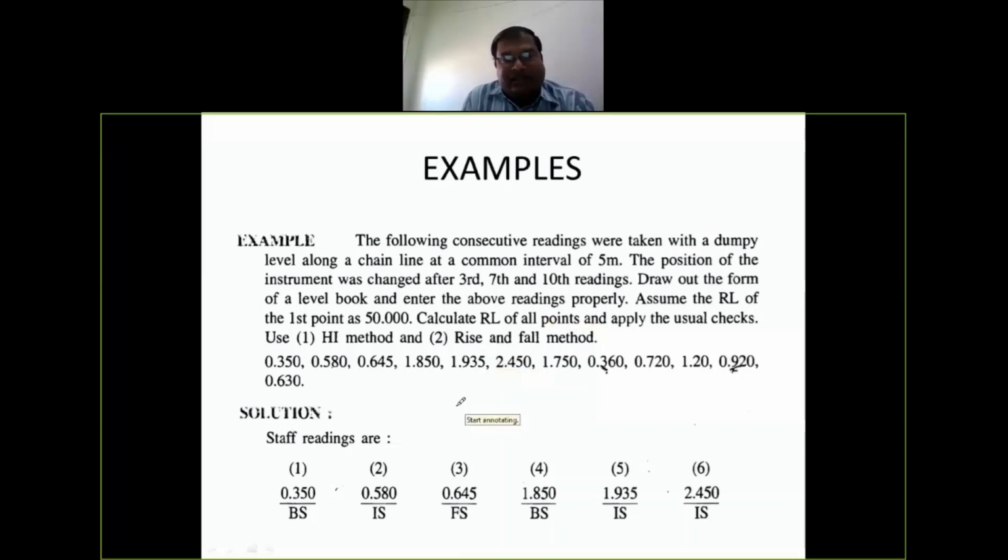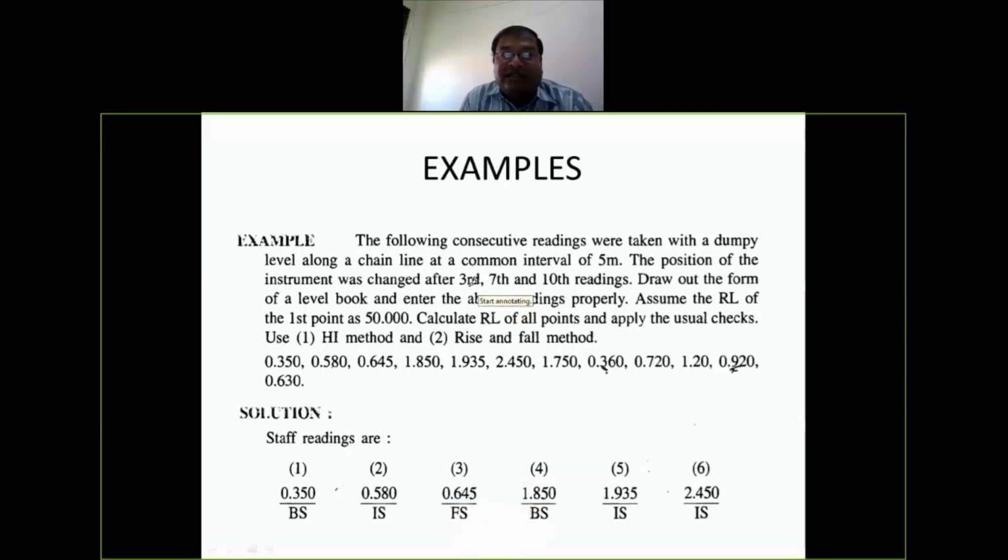First of all you have to give the number. This is your first staff reading, and we have already discussed that the first staff reading is always taken as the back side. So I have put here 0.350, which is my back side. Then whatever readings you take after that are called intermediate sights. So 0.580 is IS, 0.645 is IS, and now you can see a fore side written. Why?